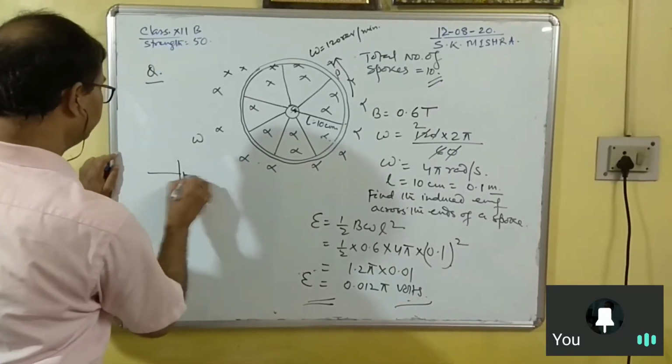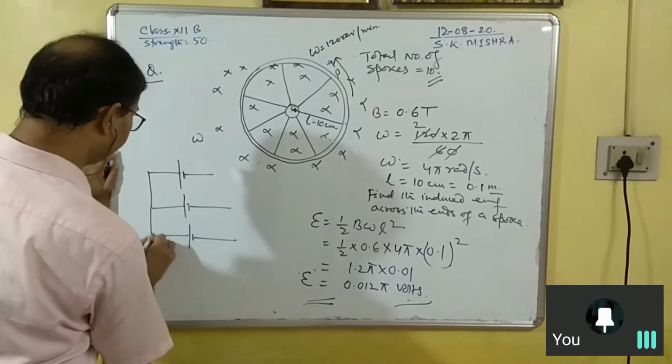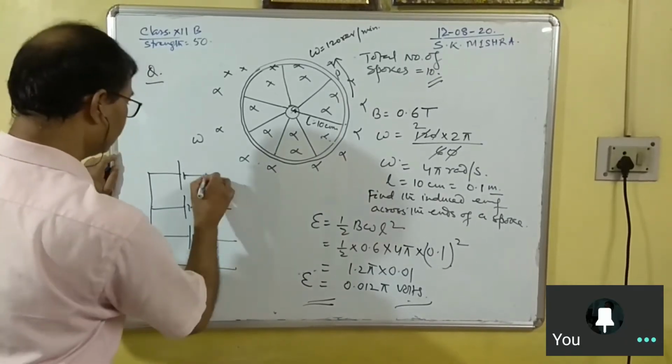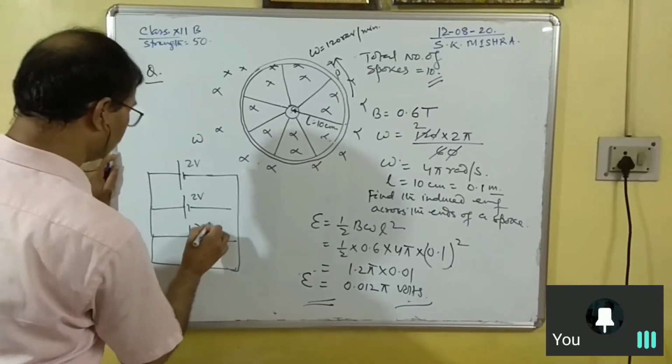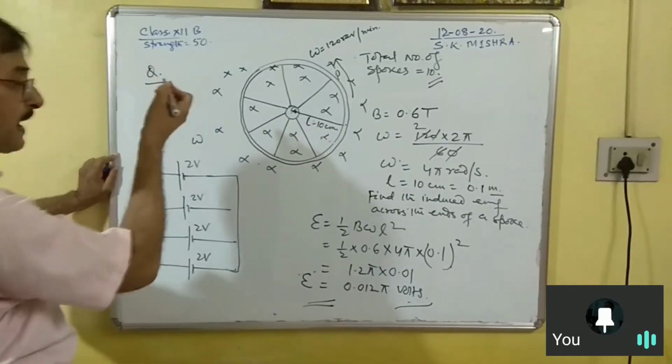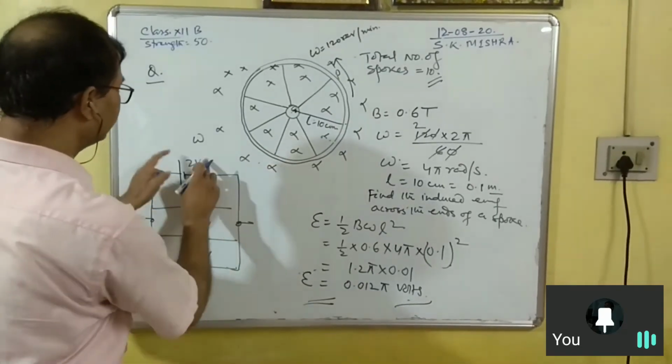That is, if you have a parallel connection of n cells, each having same EMF. Then if each cell has EMF 2 volt, 2 volt, 2 volt, and all are connected in parallel, what is net EMF? This EMF is equal to the EMF of one cell.